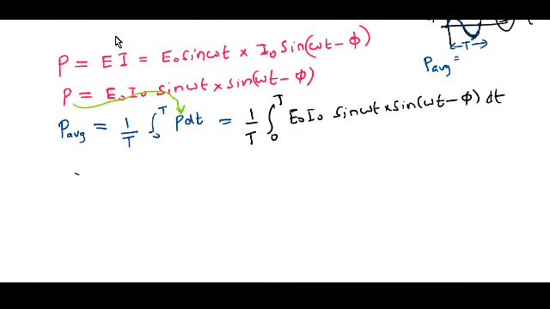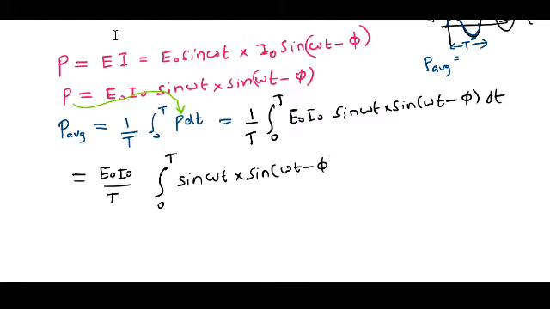Here this E0 and I0 are common, so we can take them outside: E0 I0 by T into the integral from 0 to T of sine omega t into sine(omega t minus phi) dt. This is of the form sine(A minus B), so we can use that relation: sine A cos B minus cos A sine B.